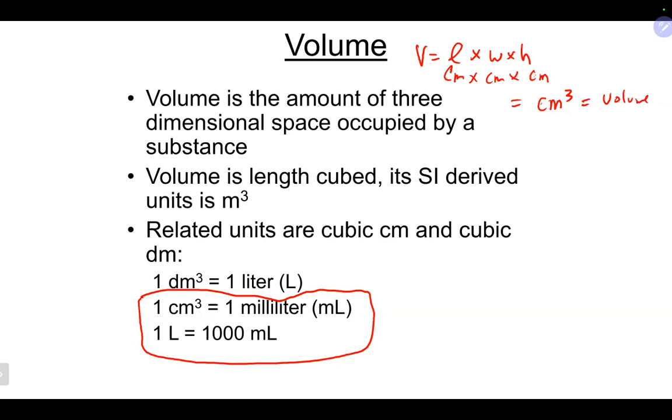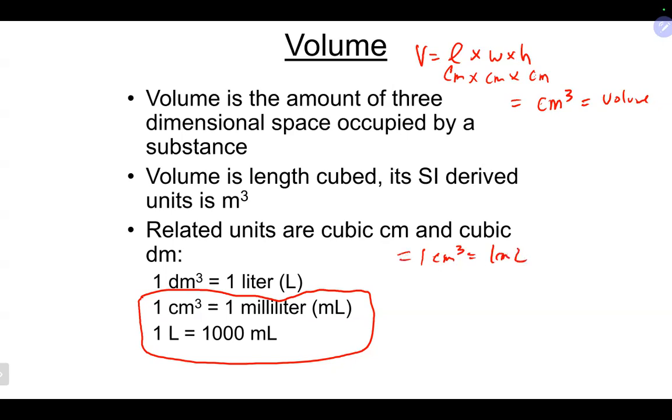Each of those individual measurements are length measurements. When we multiply them together, we get the volume, a cubic centimeter. And once again, 1 cubic centimeter is equal to 1 milliliter.